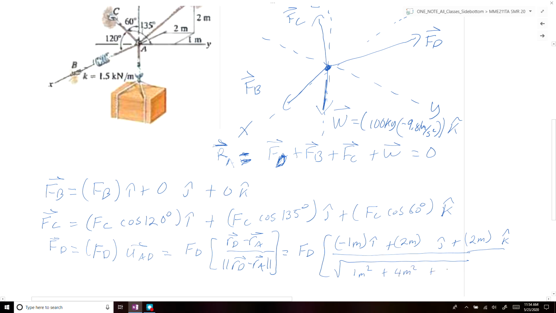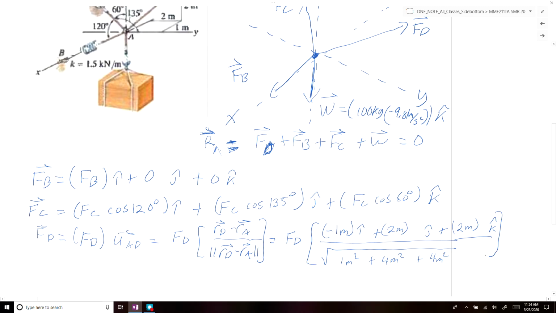You get the square root of 9, which is just equal to 3 meters. So if you multiply all this through, what we end up getting is minus 1/3 FD times i plus 2/3 times FD times j plus 2/3 times FD times k.